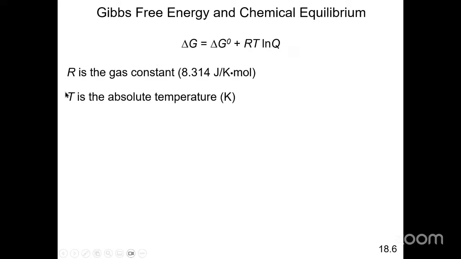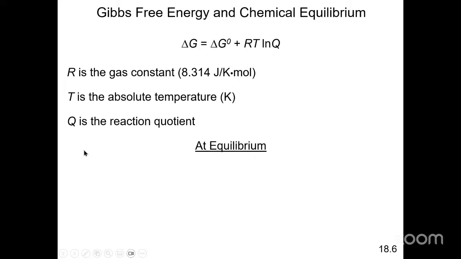So the free energy of the reaction is equal to delta G standard, which is the free energy under standard conditions, plus RT times ln Q, where Q is the reaction quotient, R is the molar gas constant, T is the temperature in Kelvin. And please note that the value of R that you'll be using is right here, 8.31 joules per mole Kelvin.